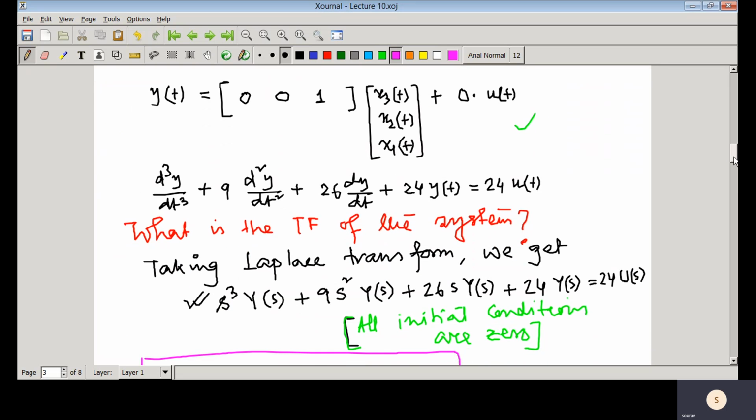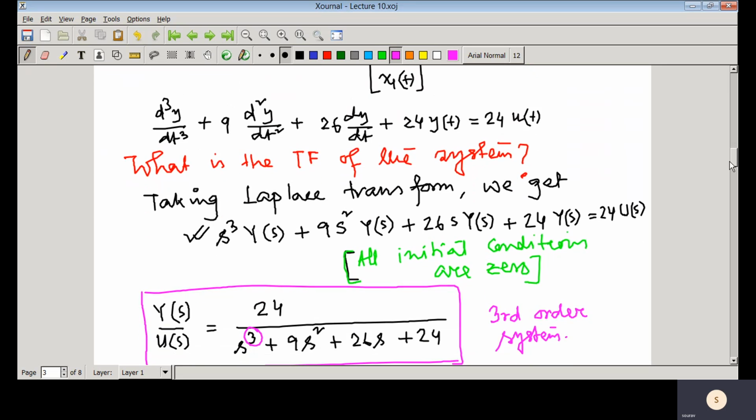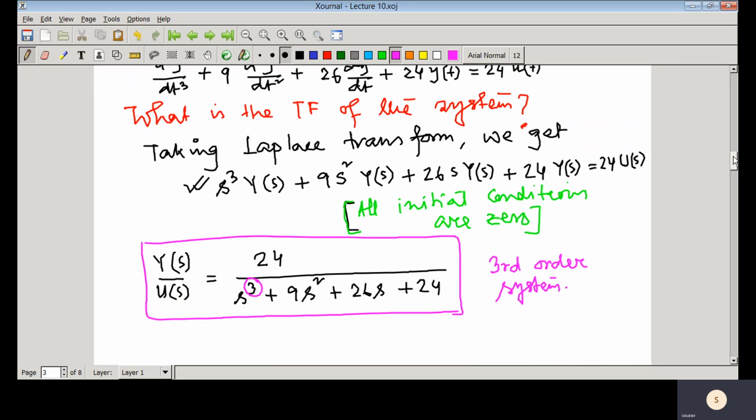And then we have seen, if we are interested in finding the transfer function, just by taking the Laplace transform and taking all initial conditions equal to 0, we can have a transfer function of that system. And here also we can see that the order of the system is third order.